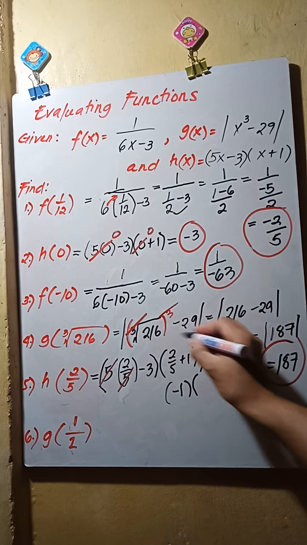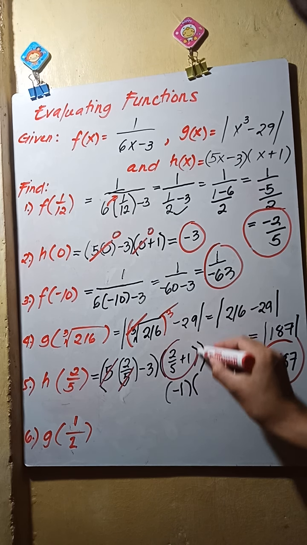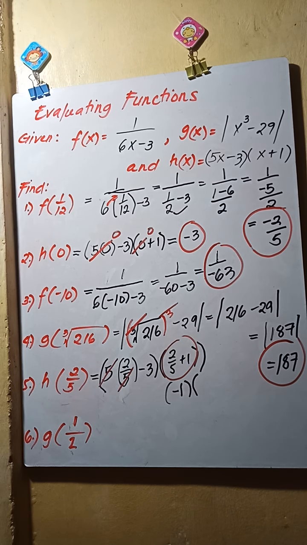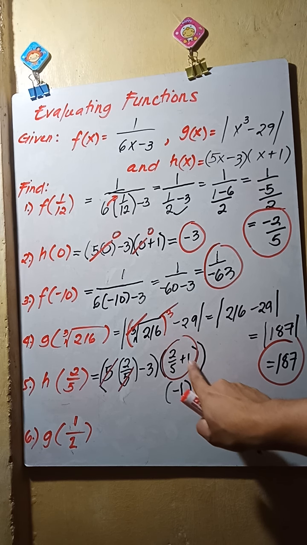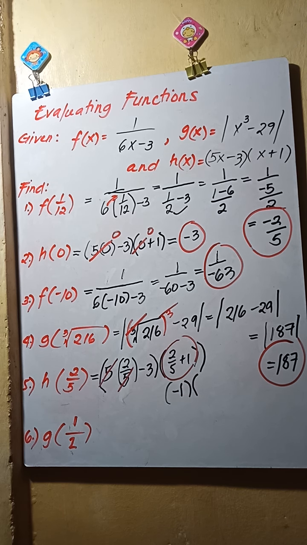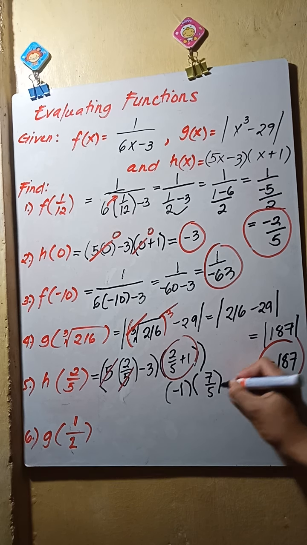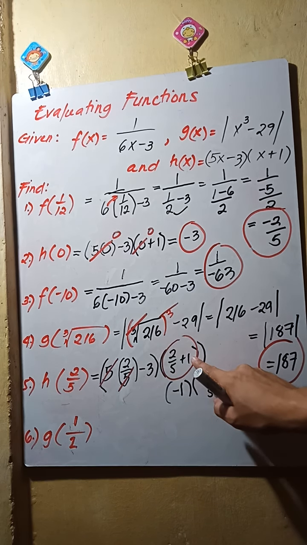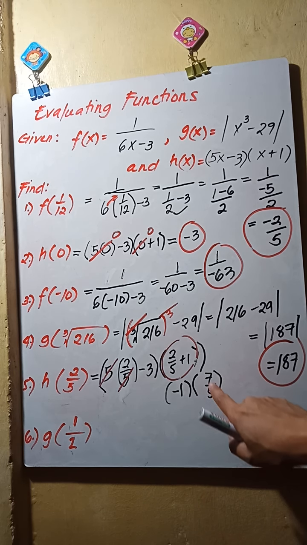And then add this one, 2 over 5 plus 1. This part we just add. When we add that, 5 times 1 is 5, plus 2, that is 7 over 5. We copy the denominator, so 7 over 5.